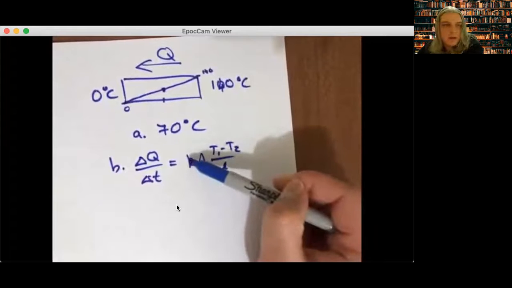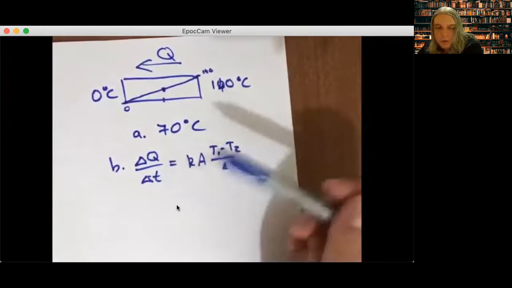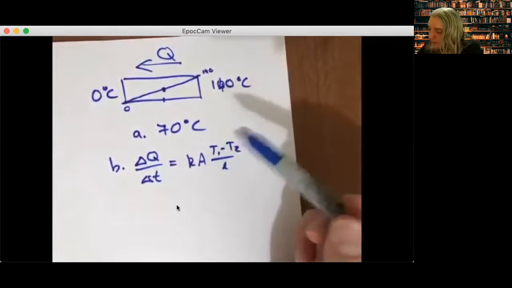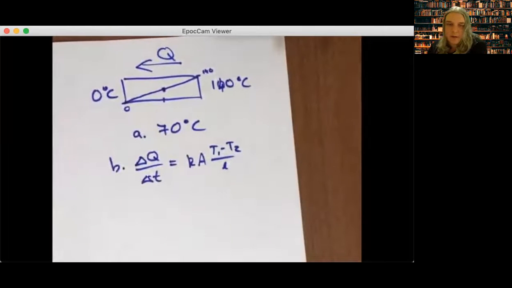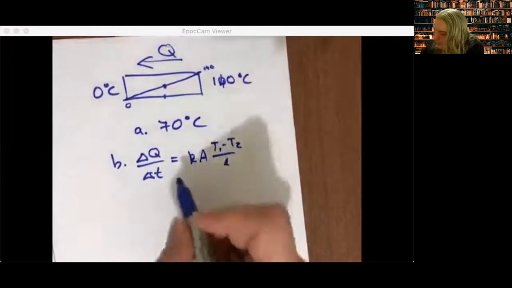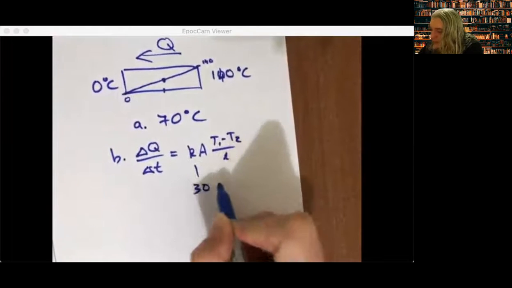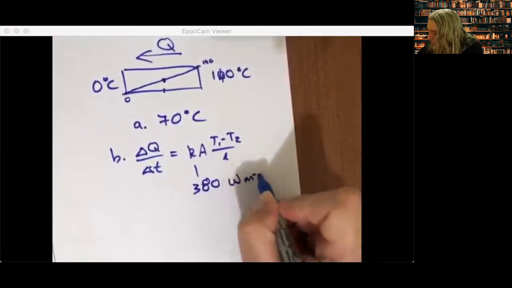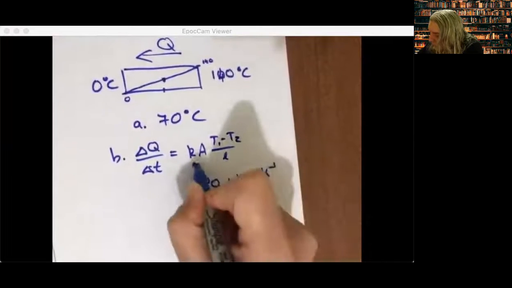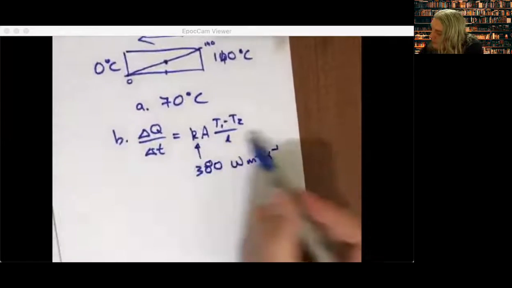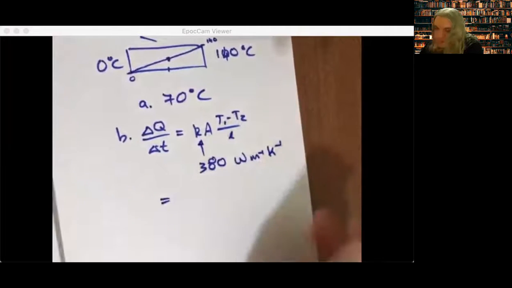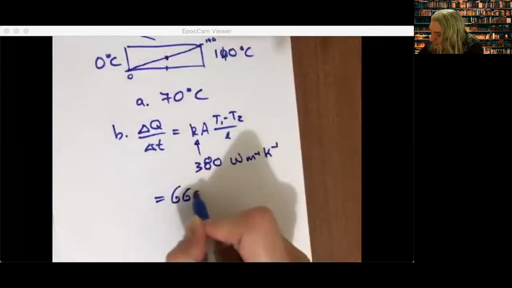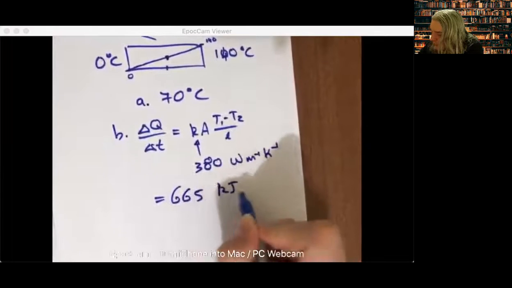And we've been told k for copper, not on the question sheet, but we have been given our table of thermal conductivities earlier in the lecture, or you can Google it or find it however you need to. k is 380 watts per meter per Kelvin, so you can look that up. And that means we know everything here. So plug it in, this is just math, we get 665 kilojoules per second.